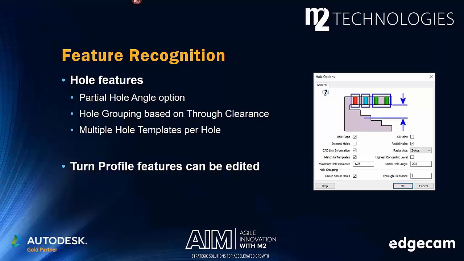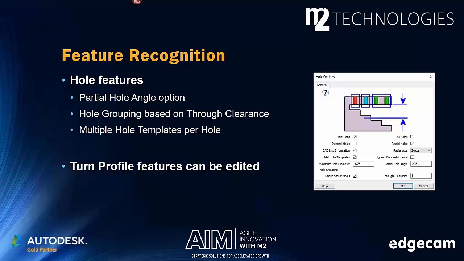Now you can have multiple hole templates that you can create and recognize on a hole. Again, this is great for companies with a lot of hole drilling or customized specialty fasteners, ports, and other things that need to be handled with a specific machining process.